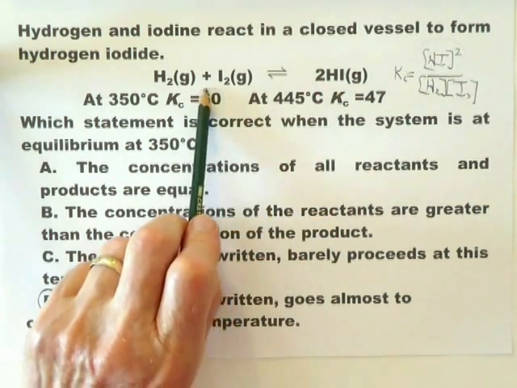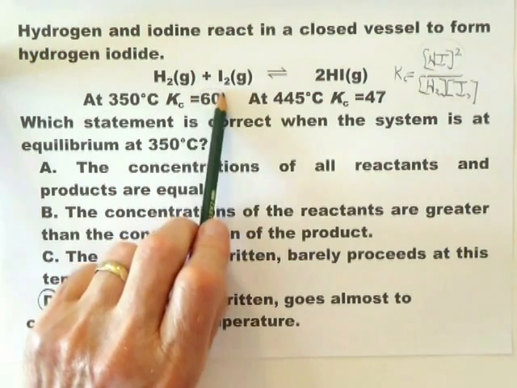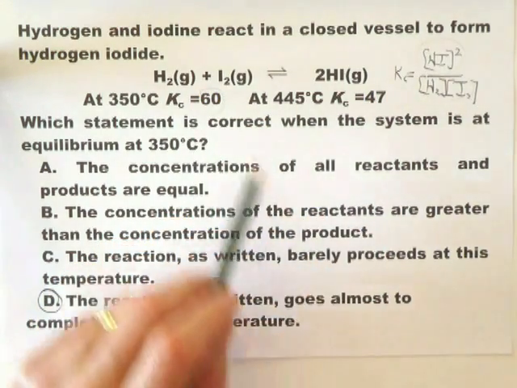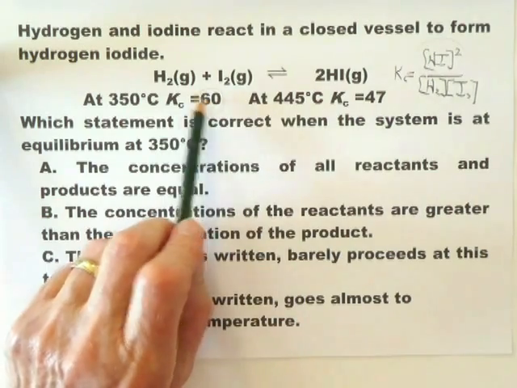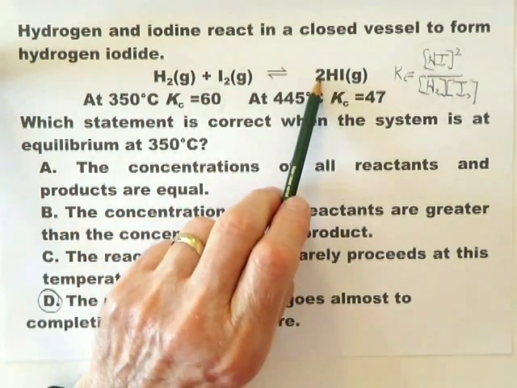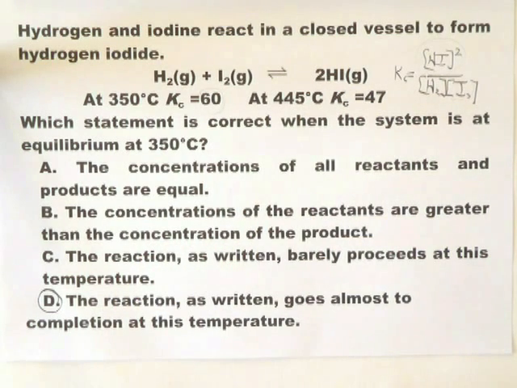So understand what the value of 60 or 47 or 10 to the minus 5 means for these kind of equilibrium reactions. And that will help you get the answer for many of these kind of questions. D is the answer.